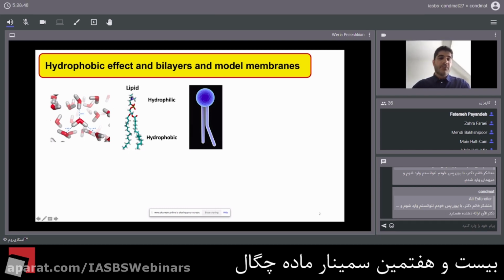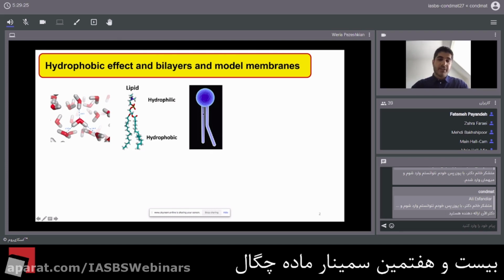So a lipid is a molecule that has a hydrophobic part and a hydrophilic part, which are usually referred to as amphiphilic molecules, but here my concern is lipids. Phospholipids, for example, are a very common type, and here is a schematic view of a phospholipid, where you see the head group, which is hydrophilic, likes water, and a chain, which is hydrophobic, dislikes water.